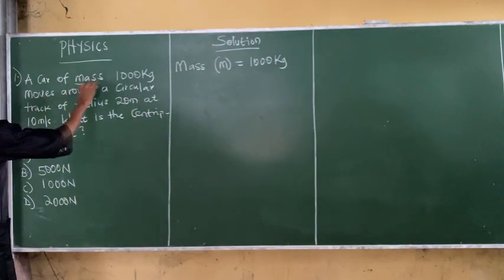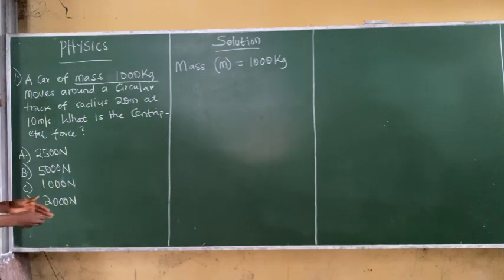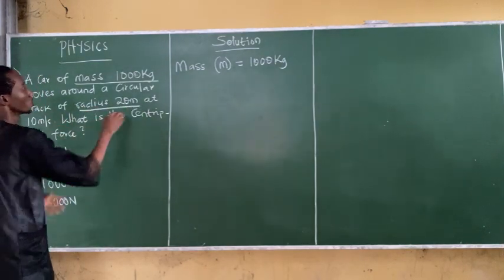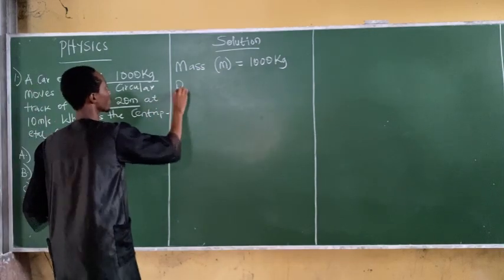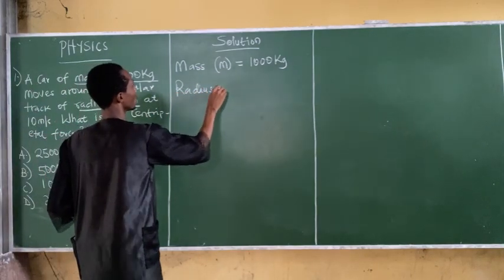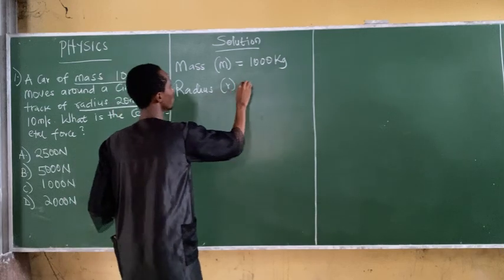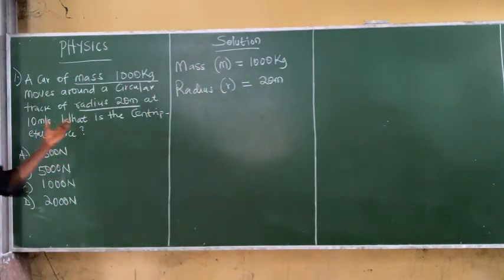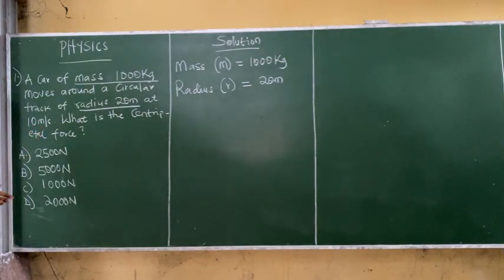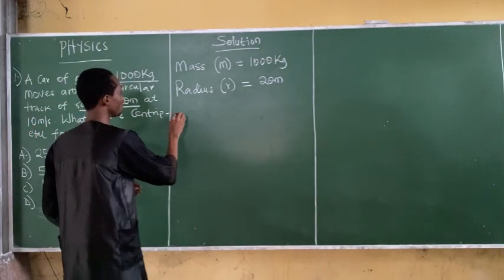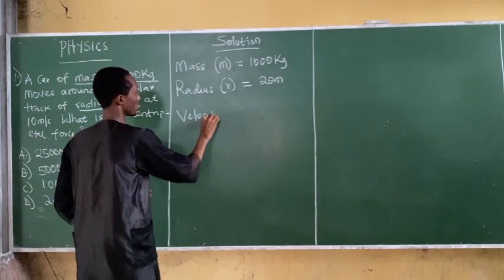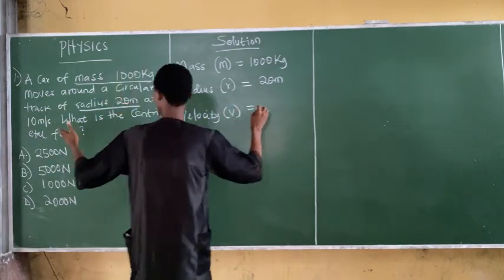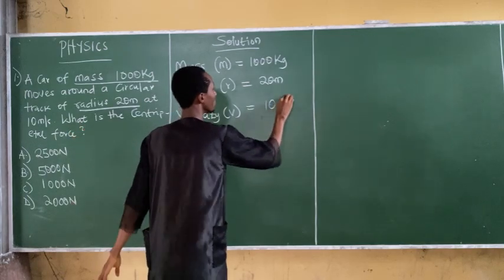We're also given radius, denoted with letter R, equal to 20 meters. They said at 10 meters per second, they gave us the velocity or speed. Let's say velocity V to be 10 meters per second.